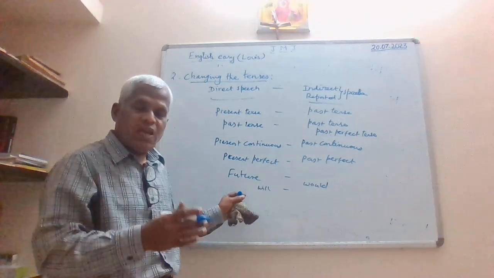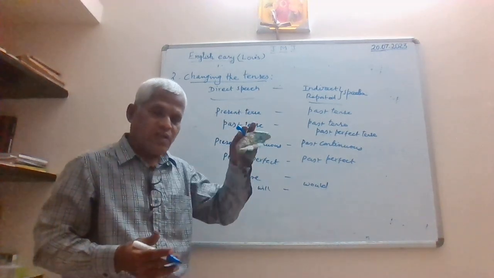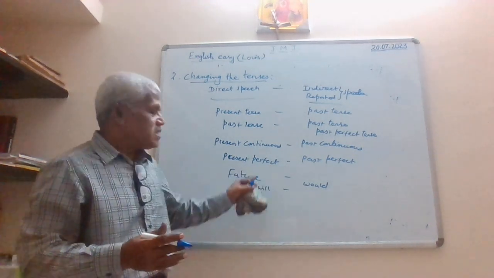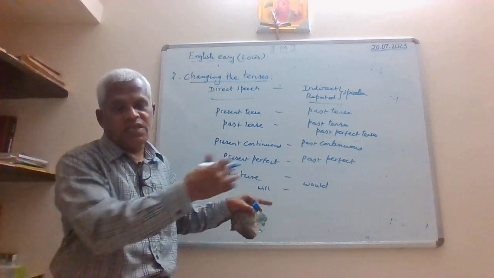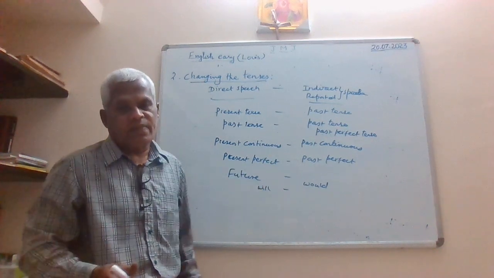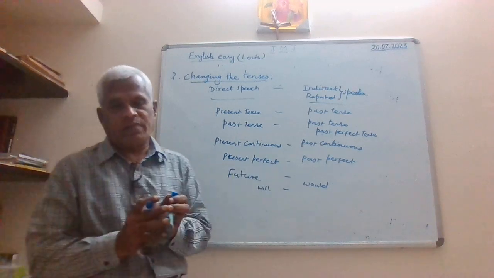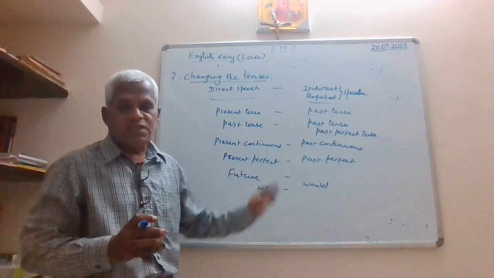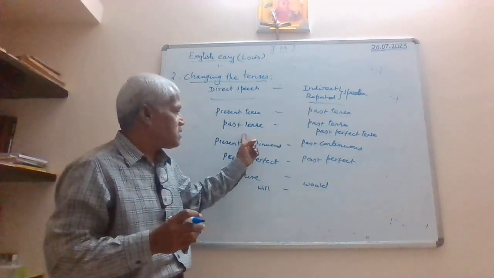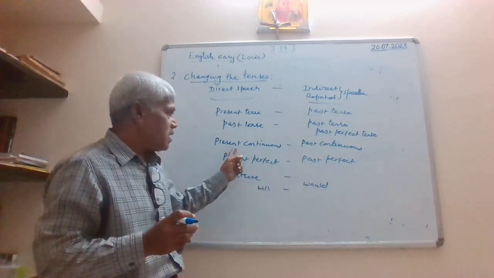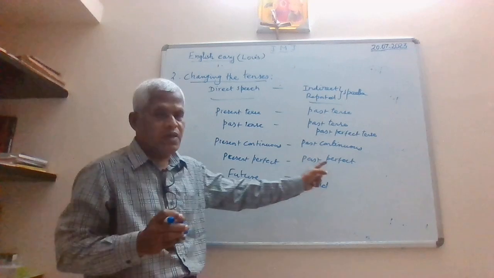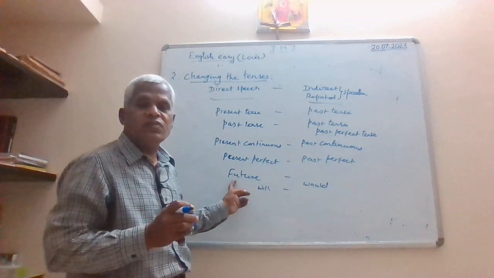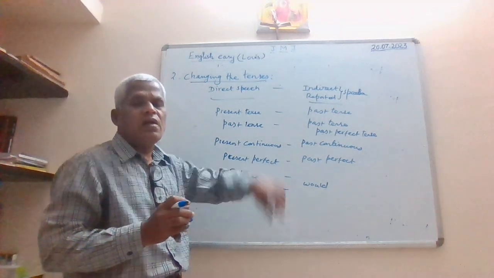Therefore, shall can become should. There are so many auxiliary verbs you can think of when changing the future. So all the tenses can be used in future when you are changing from direct to indirect. These are some general changes that you must remember. Is that clear? Present becomes past, past remains as past or past perfect, present continuous becomes past continuous, present perfect becomes past perfect, and all the future auxiliary verbs will be changed into the past tense.